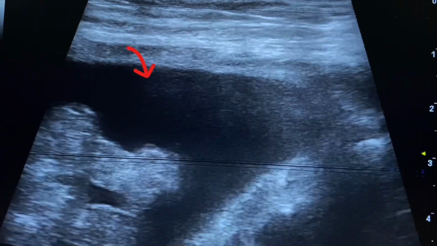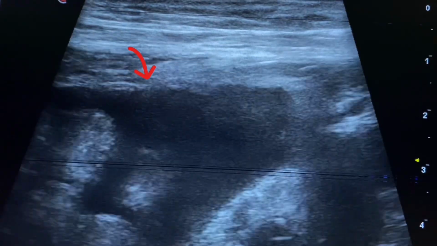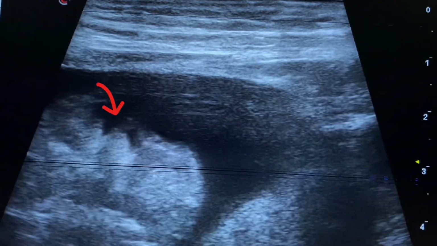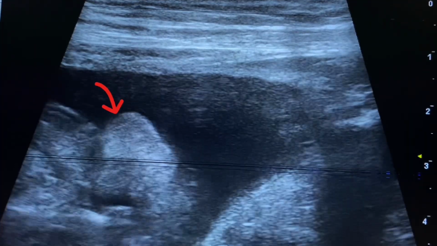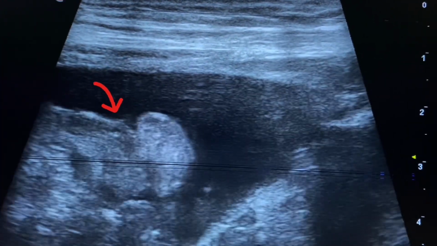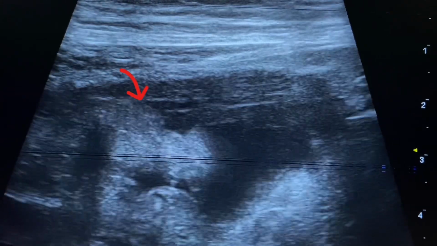Here we see the free fluid or ascites in the pelvis. These are gut loops which are floating in the fluid. Peristalsis in the gut loops are also present.